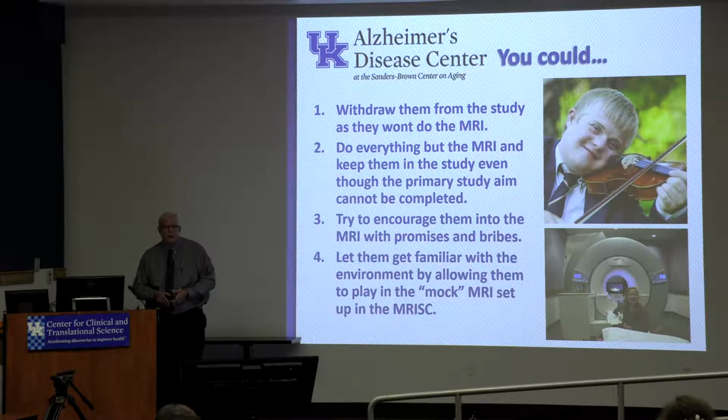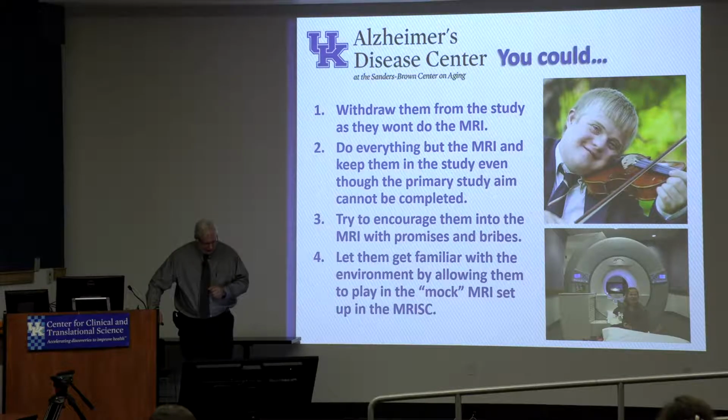Now, unfortunately, they won't let you play around with the MRI scan like a gymnasium set. But for those of you that don't know, the MRISC actually is a mock MRI scanner. And they can just play in there all day long until they get comfortable with it. So 4 options here for us.